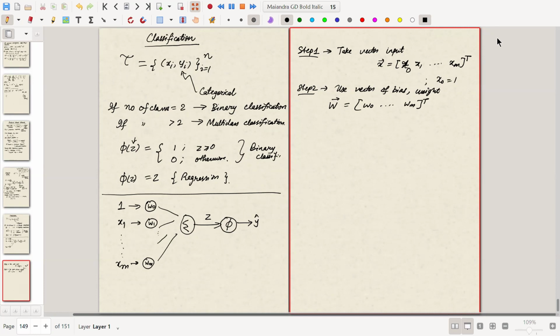Then what will you do? Step 3. Here many of you just see that they are multiplied, but there is a stronger version of this. You actually have vectors, so it's not just a product, it's an inner product. For two vectors in R2 space, it's like a dot product.